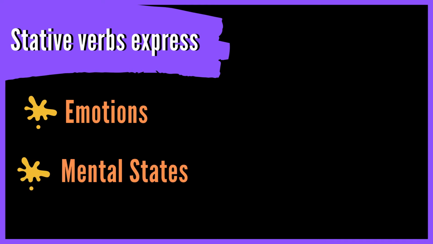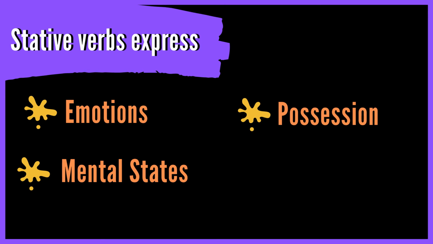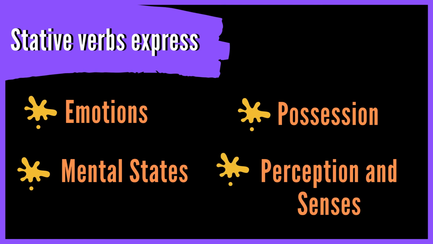Some describe mental states like know, remember, believe, and understand. Some show possession like have, own, possess, and belong. And some describe perception and senses like hear, see, smell, taste, feel, notice, and appear.